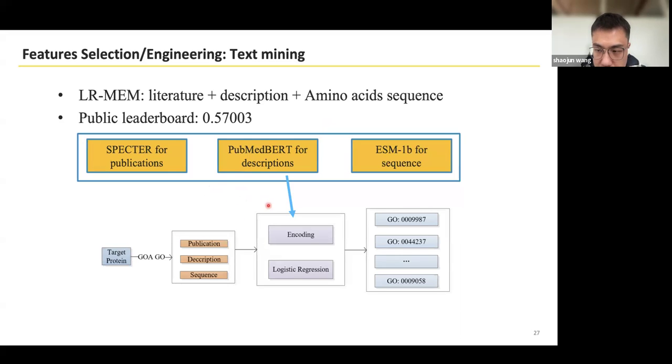As shown in this figure, we encode the protein sequences, description, and publication information by specific tools. Specifically, we use SPECTER to encode the literature, PubMedBERT to encode description text, and ESM1B to encode amino acid sequences, and combine the encoded representations to finalize the prediction of function.